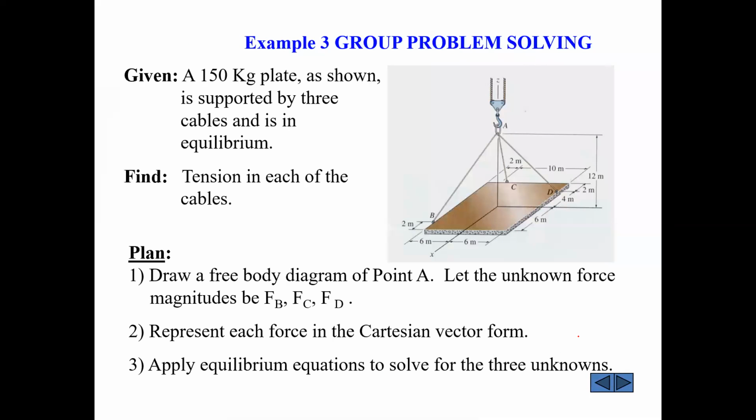It's just that in this one, for all three forces, you have to start with the position vectors to find the Cartesian representation of each force. And we just don't know the magnitude of each force again. It's like the first problem where we knew the direction of all the vectors, but we didn't know the magnitudes of those forces.